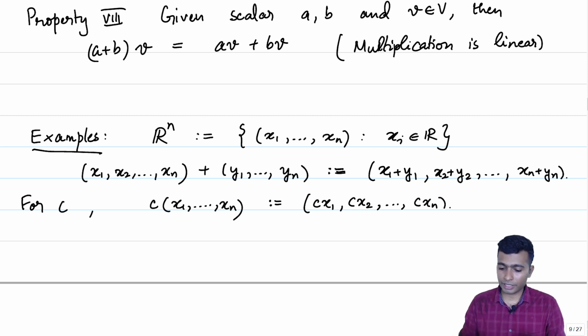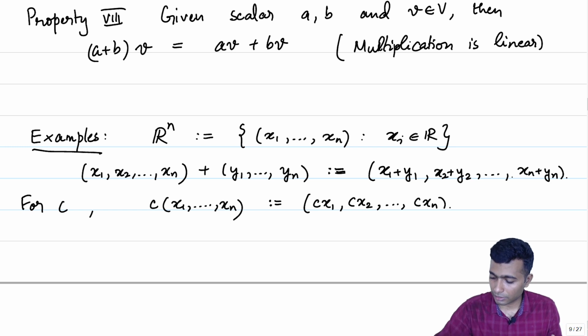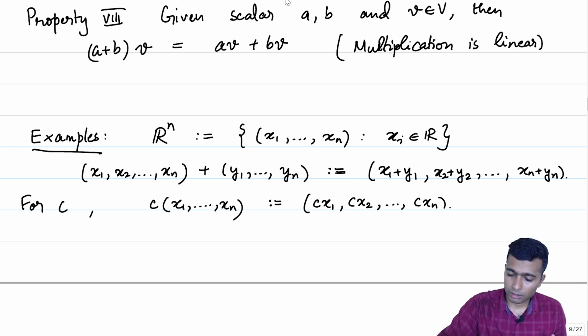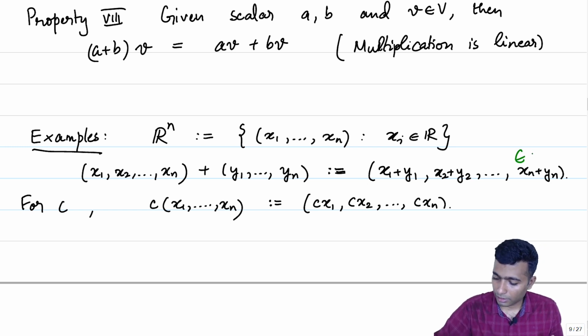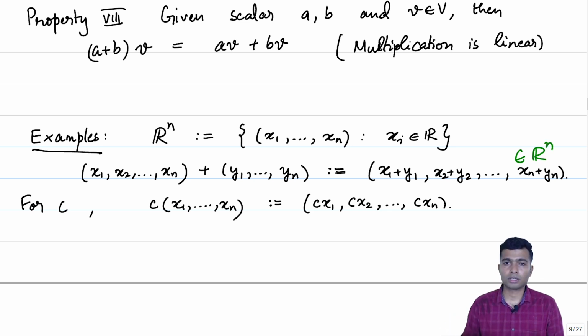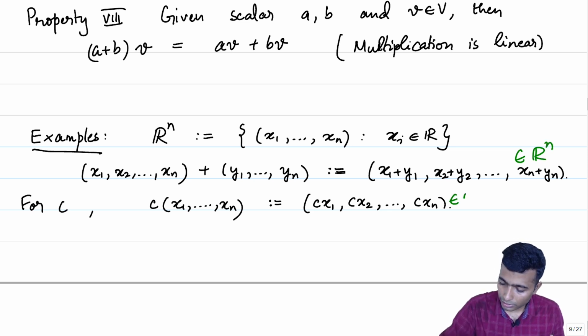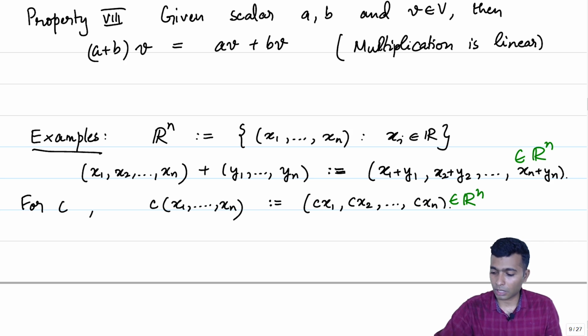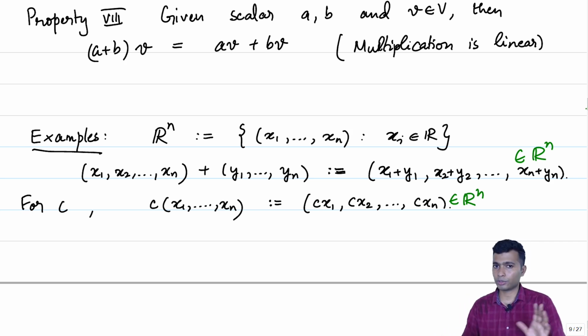So, the vector addition of two elements in Rn giving back an element in Rn is quite straightforward. It's clear that this is an element in Rn, right. So, this is also an element in Rn. So, Rn is certainly closed under these two operations.